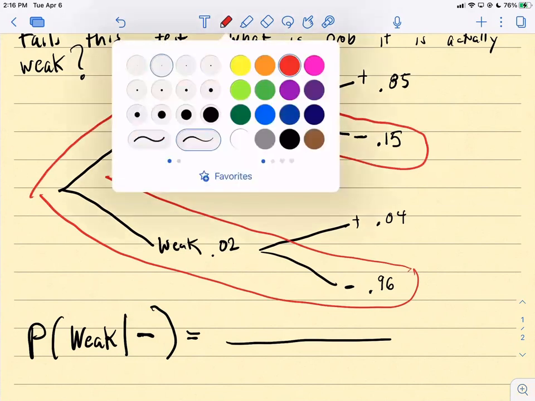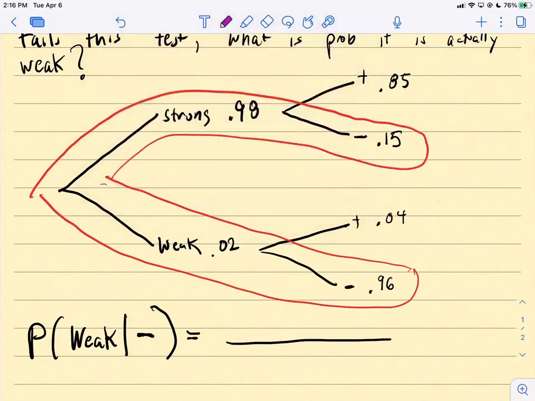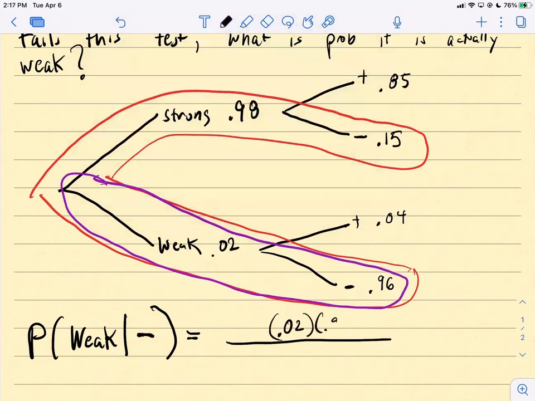And the numerator is just going to be the weak branch. Okay, so I'm just going to put the numbers in: 0.02 times 0.96, divided by 0.02 times 0.96 plus 0.98 times 0.15.